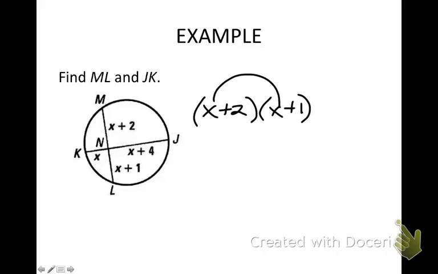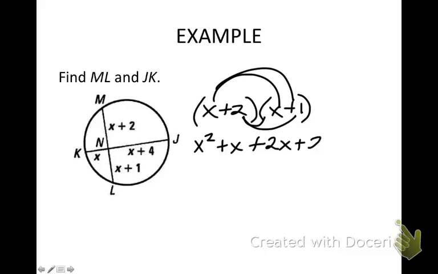So take your first times your first, which gets you x squared. Your first times your last, which is going to get you x. Your inner, so that gets you 2x. And then your last, which gets you 2. Combine these middle two terms, what do we get? x squared plus 3x plus 2.